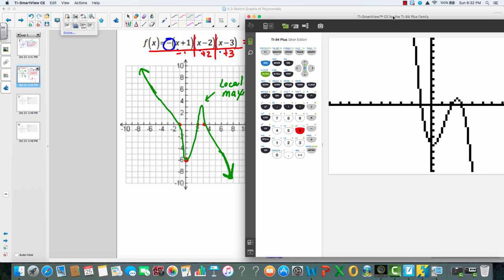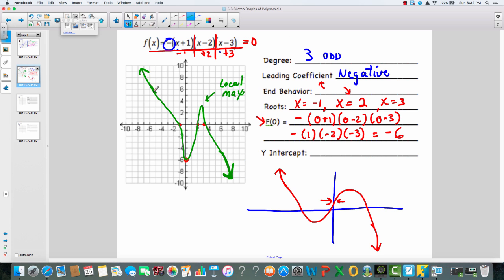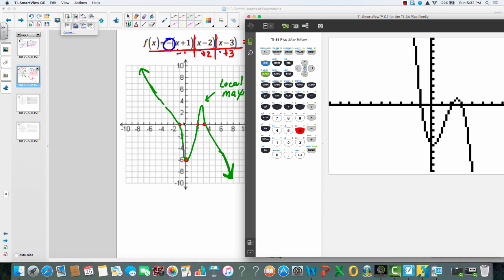There we go. Yeah, sort of looks like it. You know, I mean, I put these in first, right? So they were a little out that way. It looks like on the calculator it does this. But you're not going to get points off for that. The idea was, can you sketch this graph given the information you have? And you certainly could. This looks just like that.